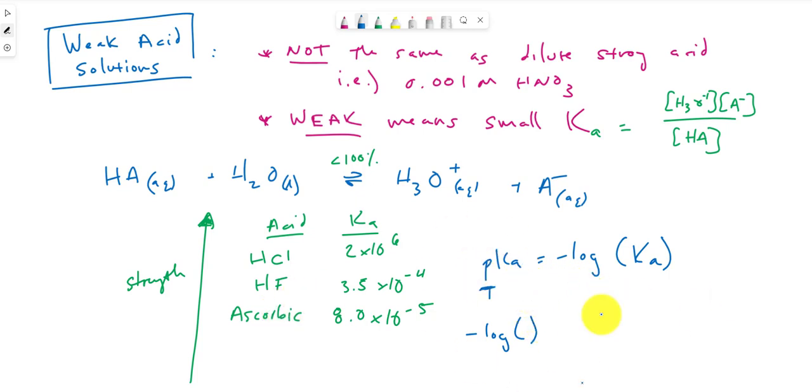So in this case, the smaller the pKa, the stronger the acid. If you did negative log of 2 times 10 to the positive 6, you'd end up with a negative number. And so the pKa's for strong acids are often negative, and for weaker acids, they're positive and large. And that just is a quick reference for the strength of acids.